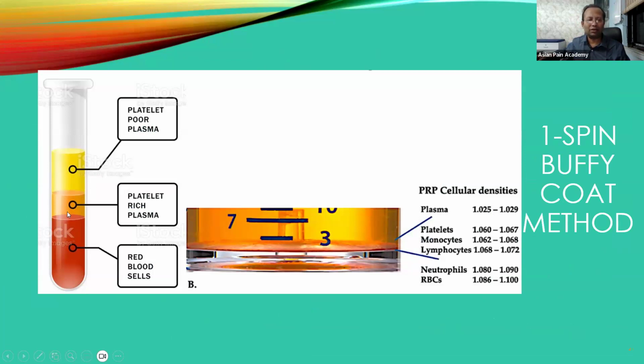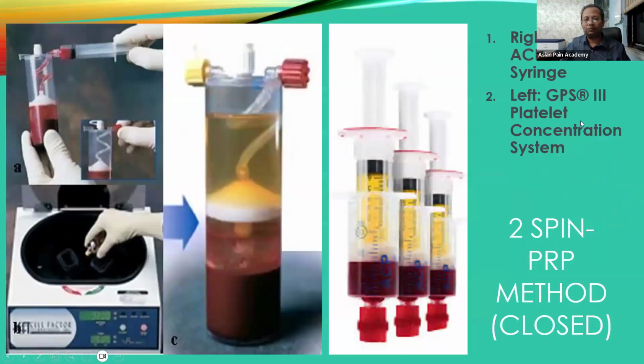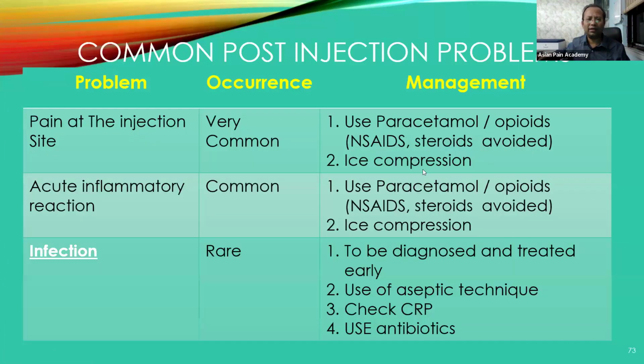Our intention is to aspirate this PRP, but some part will come into your vial, of course, if it is a one spin technique. In two spin technique, you will get this type of pellet. And those people who experimented that they did not want WBC also used a special type of WBC filter. But I think that much is not needed. You can follow any one method, okay?